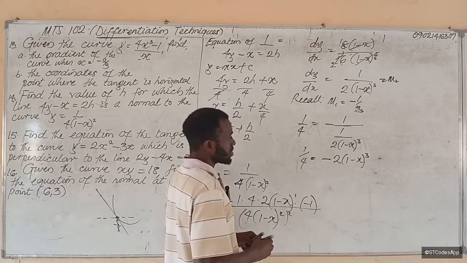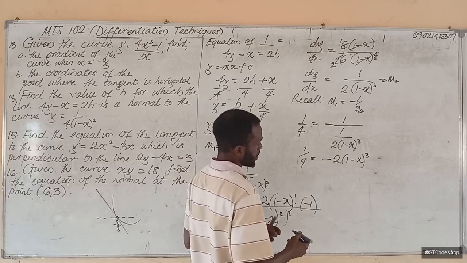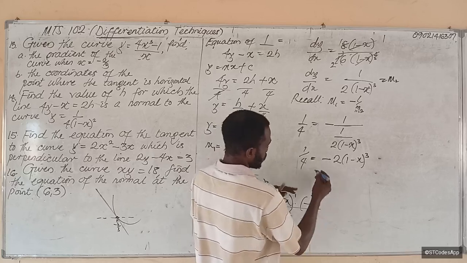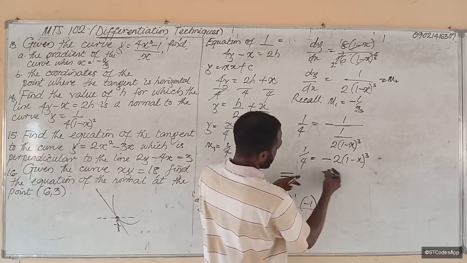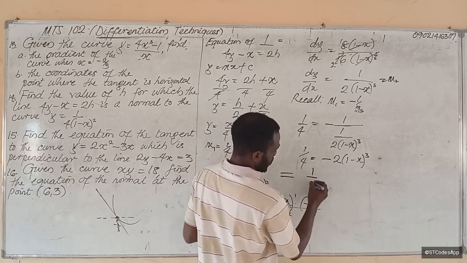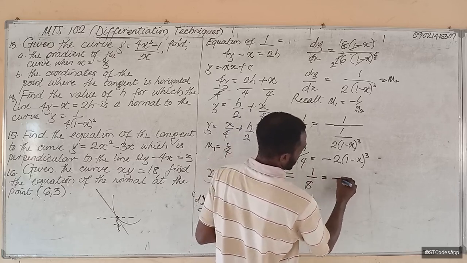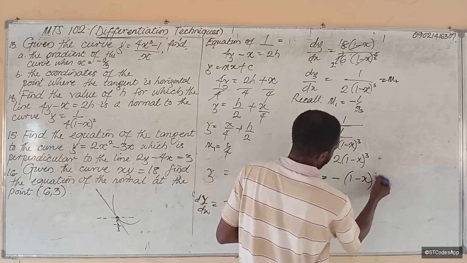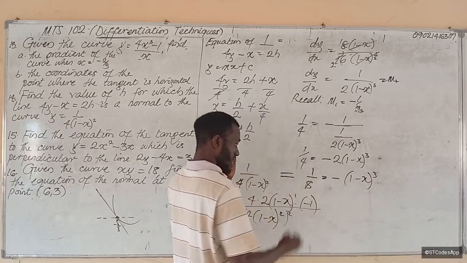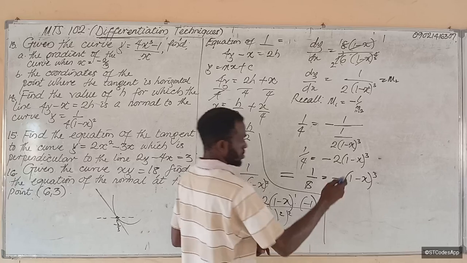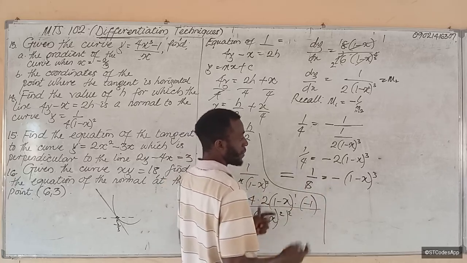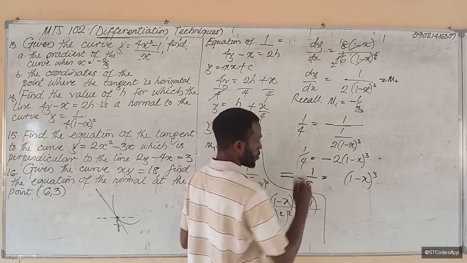Okay, so if I want to do this, I can divide through by 2. If I divide through by 2, I will have 1 over 8 is equal to minus 1 into bracket 1 minus x all raised to power 3. So from here, I can take cube root of both sides. No, divide through by minus 2 actually, so a minus will come here.